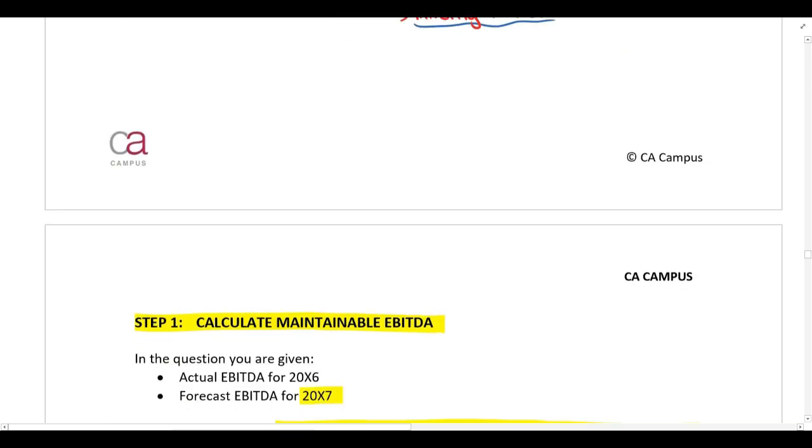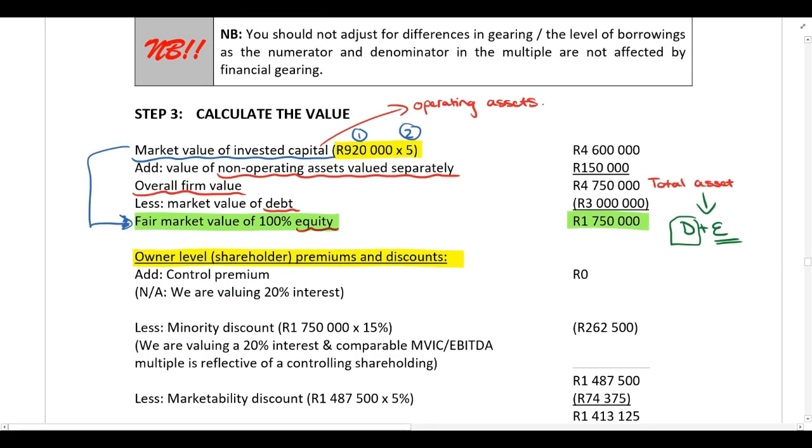So that means that the value that we calculated over here reflects control. So that's a problem for us. This value reflects control, but we are not valuing a controlling interest. We are valuing a minority interest.